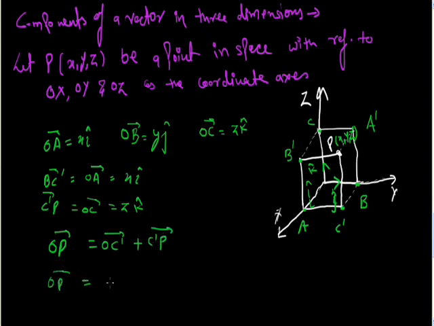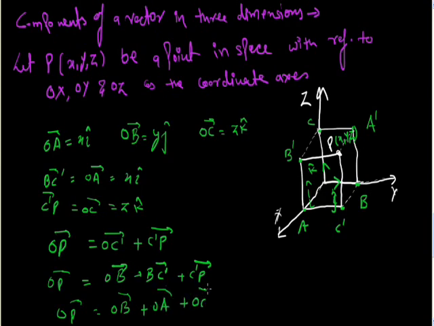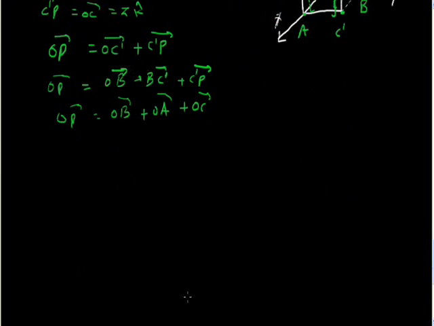Similarly, the OP vector equals OC dash. Now OC dash we can write as the OB vector plus the BC dash vector. Now the C dash P vector is similar to this. Now the OP vector is the OB vector plus the OA vector plus the OC vector.